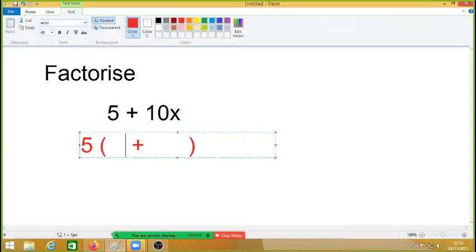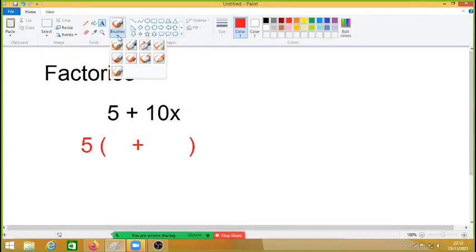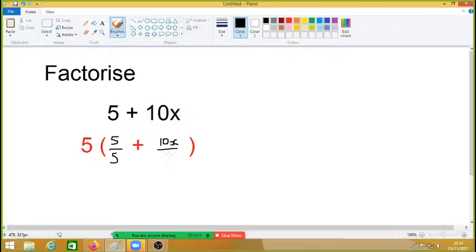I could have written it as the original number of 5, then dividing by what I put at the beginning of the bracket, which is 5. So it's the 5, but now I have to divide by 5 because at the beginning I'm timesing by 5. And then similarly, looking at the 10x that is there, I can fill in the second part of the bracket by starting with the 10x and then dividing by the same 5.